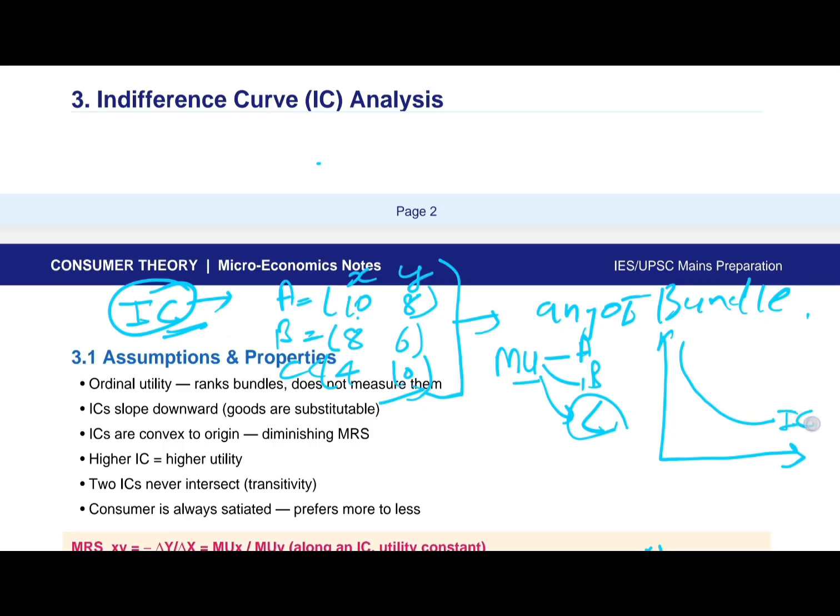This is the indifference curve. If this is commodity X, and this is 10 units and this is 4, it gives me the same utility.